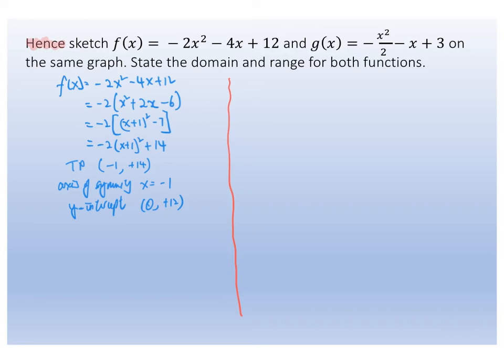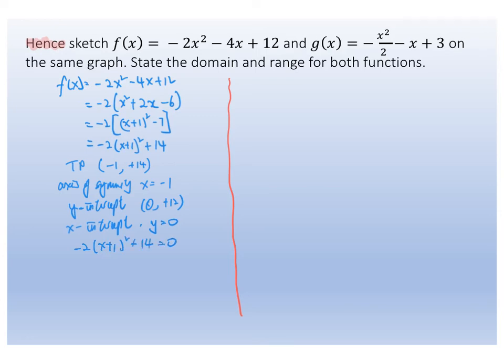Why? Let me show you. All right, the x-intercept is when y equals 0: minus 2 (x plus 1) squared plus 14 equals 0.